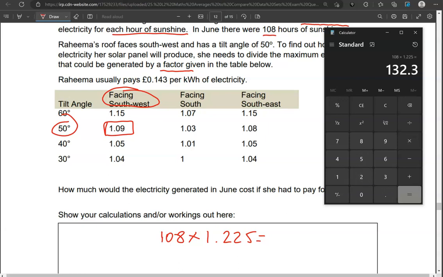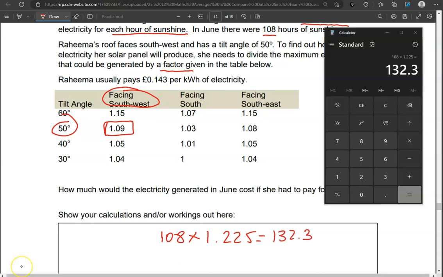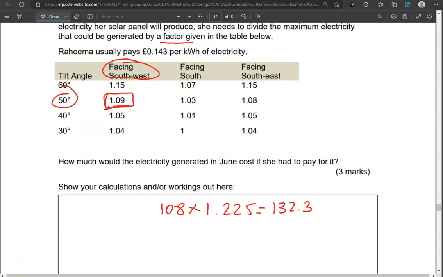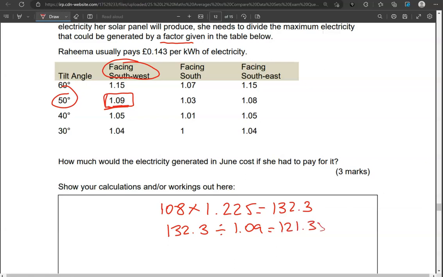It is 132.3. So this is the number now. We're going to divide by 1.09. So 132.3 divided by 1.09 gives us 121.38 kilowatt hour units.